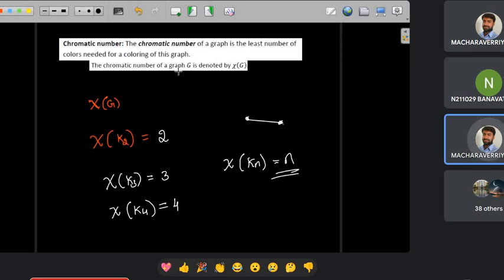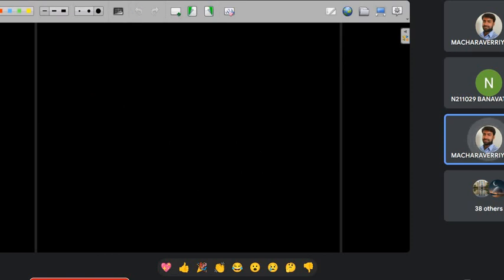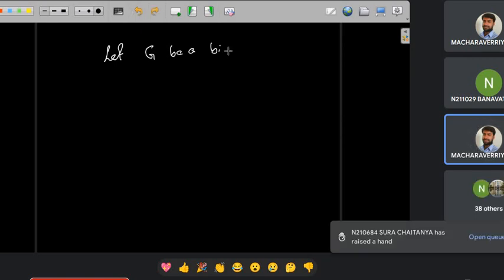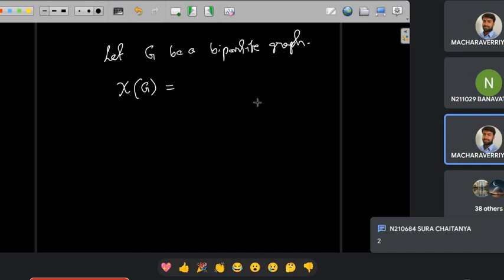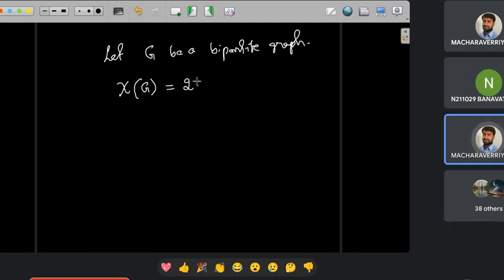All right. Now let's assume that G is a bipartite graph. So what is the chromatic number of G if G is a bipartite graph? That is 2. We have seen an if and only if condition for bipartite graphs, right?